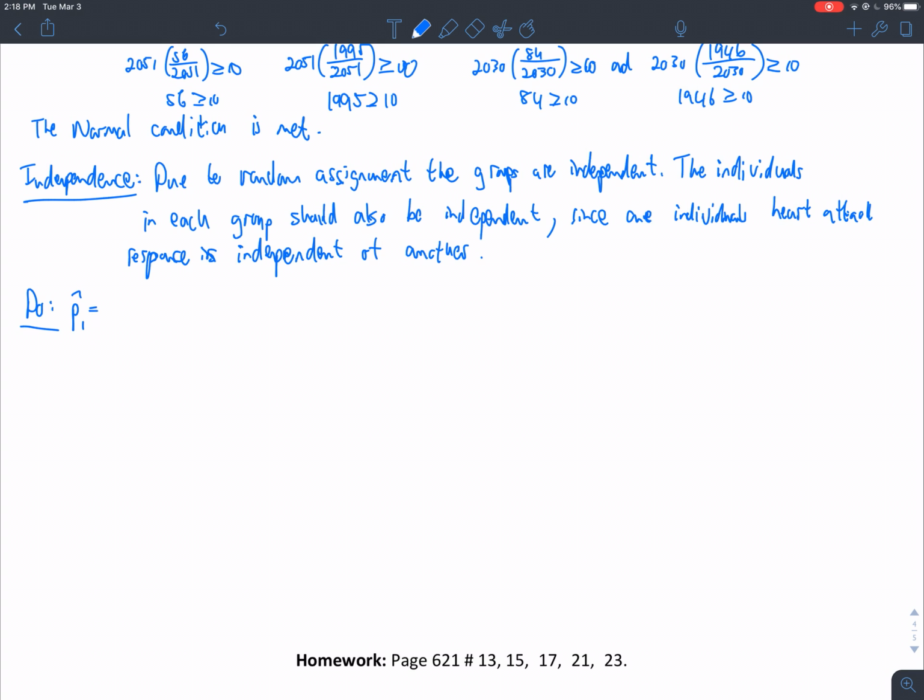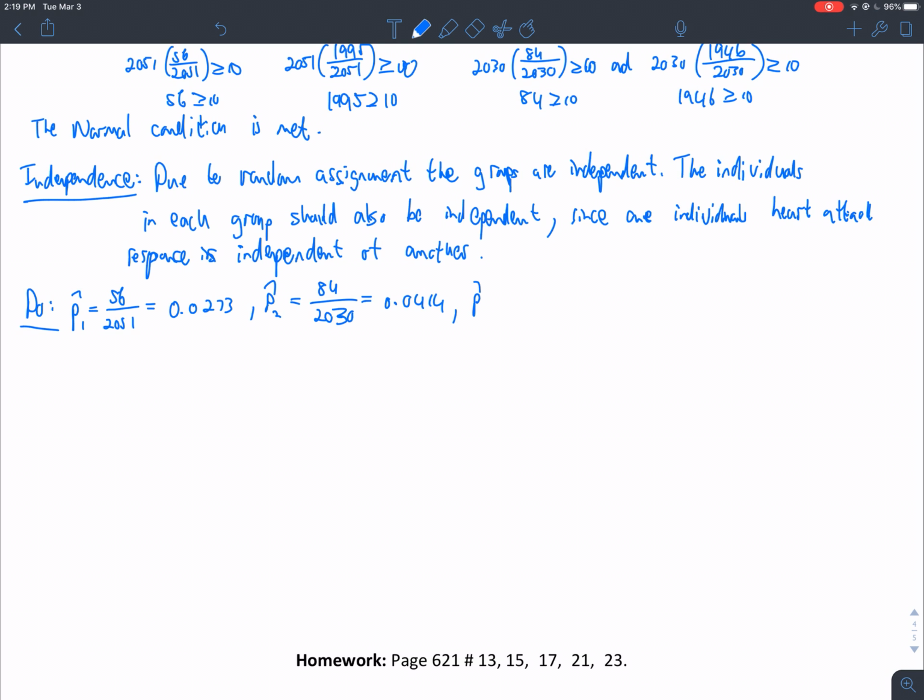P hat 1 is 56 over 2051, which is 0.0273. P hat 2 was 84 over 2030, which is about 0.0414. Those are pretty close to each other.